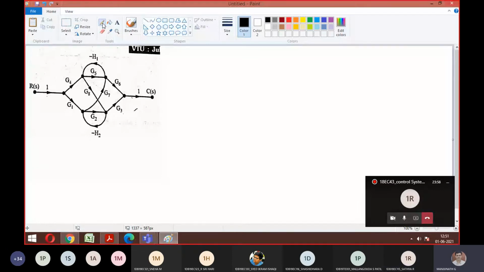Only three. So let me write the answers. So I got one answer as three. So anybody else? Any other answers apart from this three? I told forward path means input to output. So observe the path carefully and tell me.